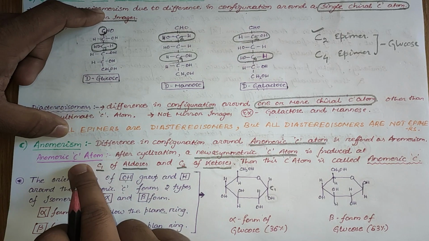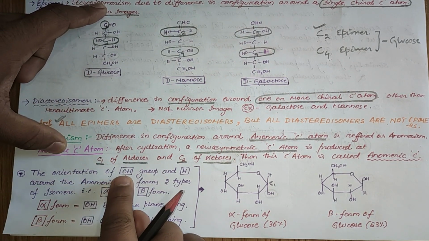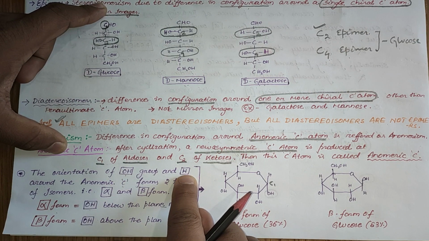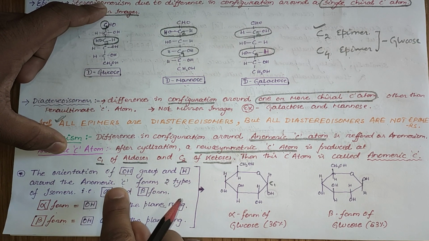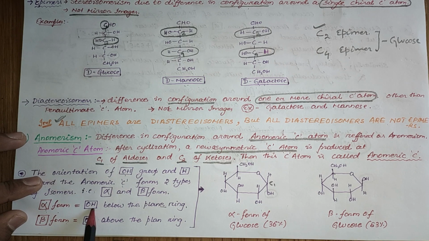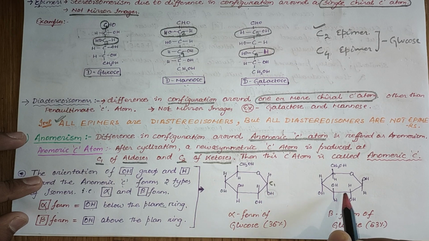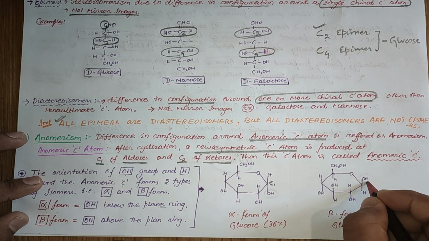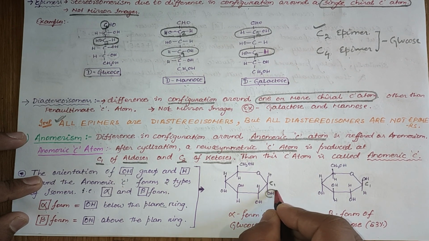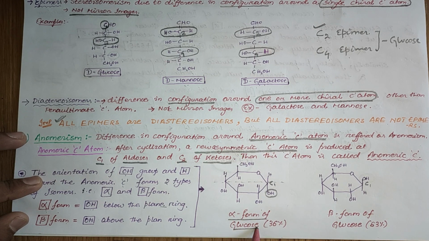Then under anomerism there are two types of isomers formed according to the orientation of the hydroxyl group and hydrogen around the anomeric carbon atom. What are the two types of isomers formed? That is the alpha form and beta form. Alpha form is when the hydroxyl group is below the plane of the ring. These are the two examples of alpha and beta forms of anomerism around the C1 carbon atom, in which the hydroxyl group is below the plane of the ring, so it is called the alpha form.